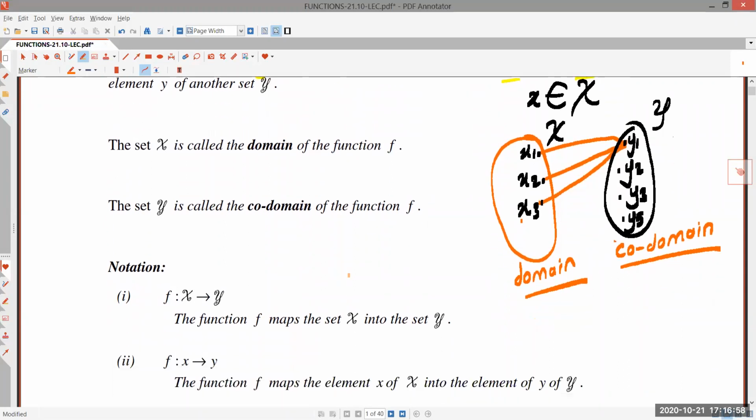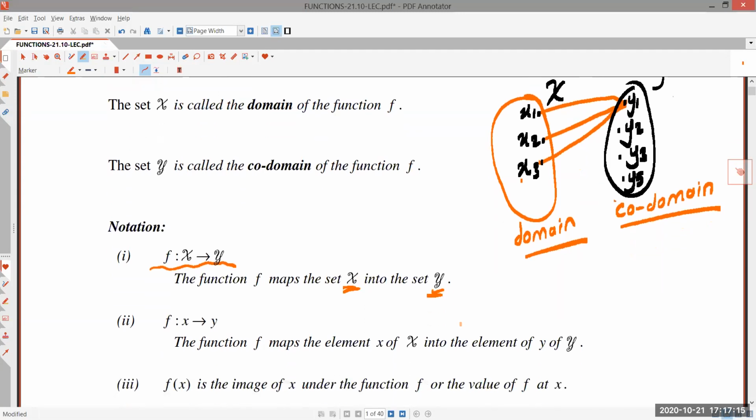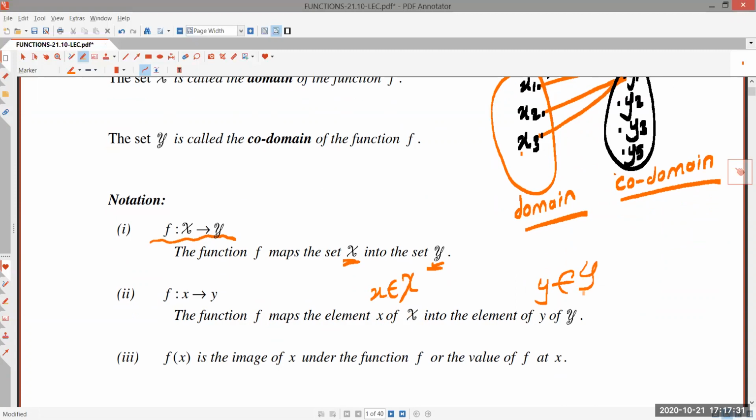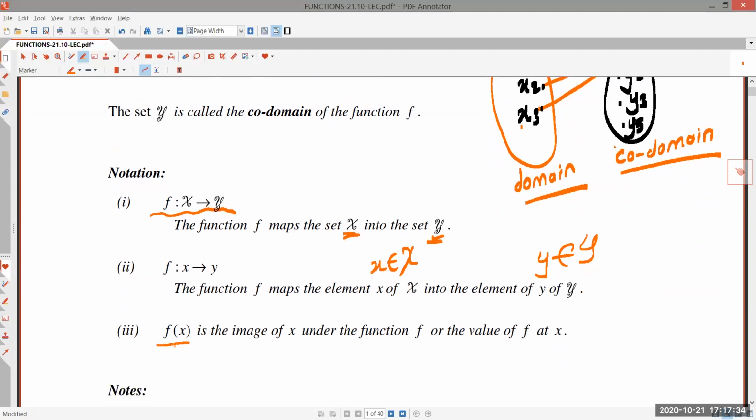And when we define the function, we write f mapping from the set X into the set Y. Okay, so the function f maps the set X into the set Y. Or we can say that the function f maps the element x, which belongs to the set X, into the element of Y, which belongs to the set Y. And f of x is called the image of x under the function f.